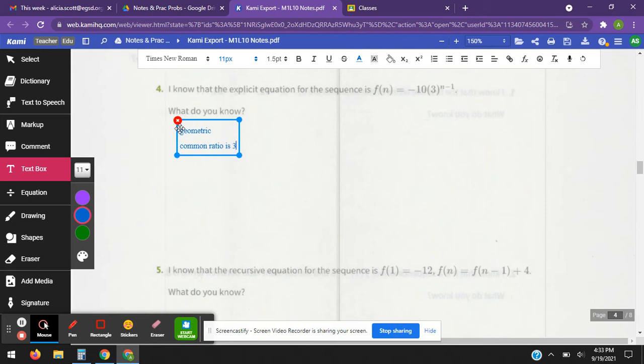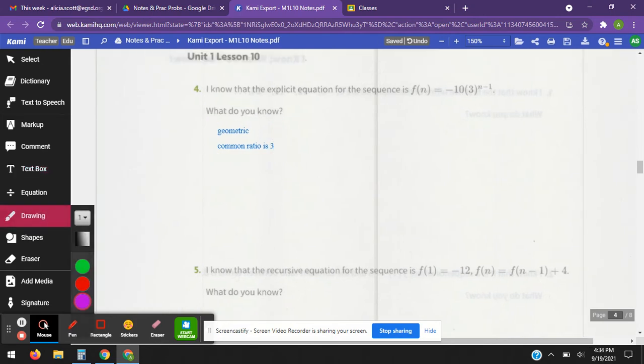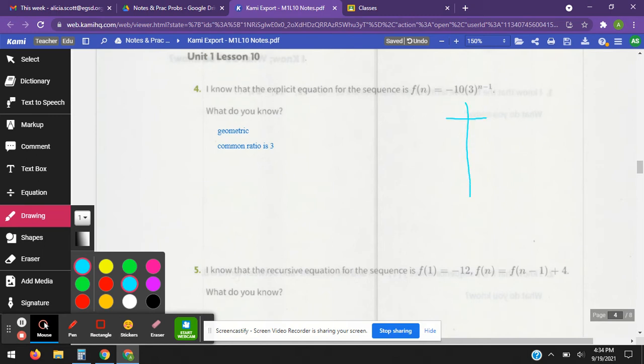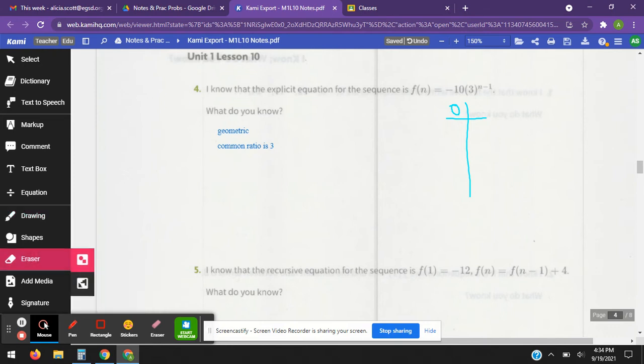If we were to do a table for this one, I'm going to do it off to the side here. Start with my blue. Okay, so if I put in a 0, we better start with a 1 since we have negative.